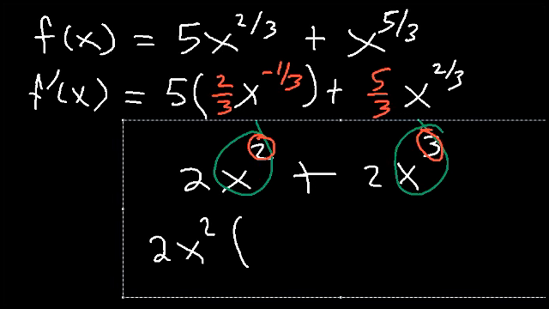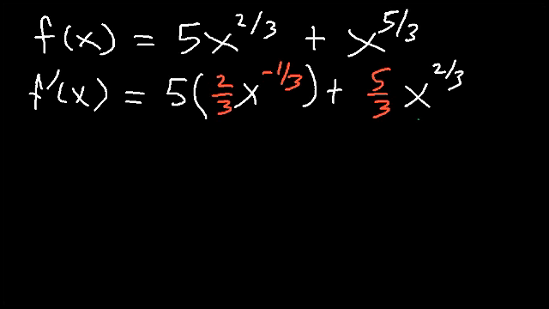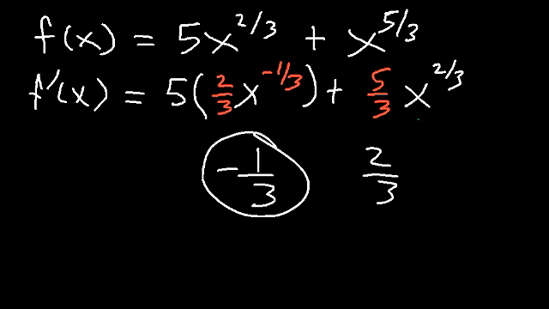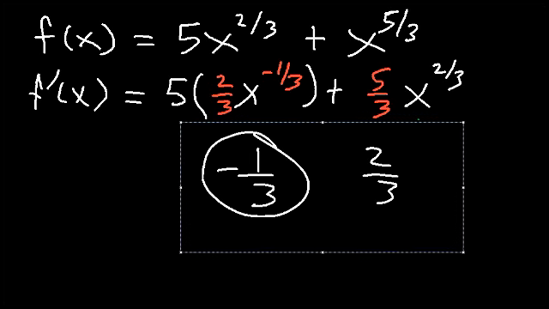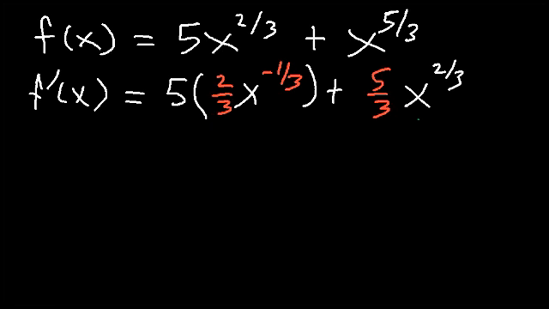So if we look at x to the negative 1/3 and 2/3, which one is smaller? Negative 1/3 or 2/3? Negative 1/3 is lower in value than 2/3. So we need to factor out x to the negative 1/3. But we can also take out 5/3 because it's found in both terms. So the GCF is 5/3 x to the negative 1/3.